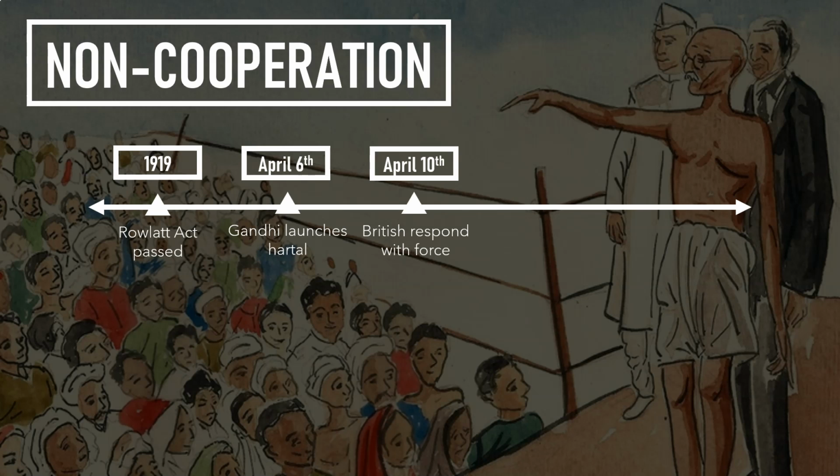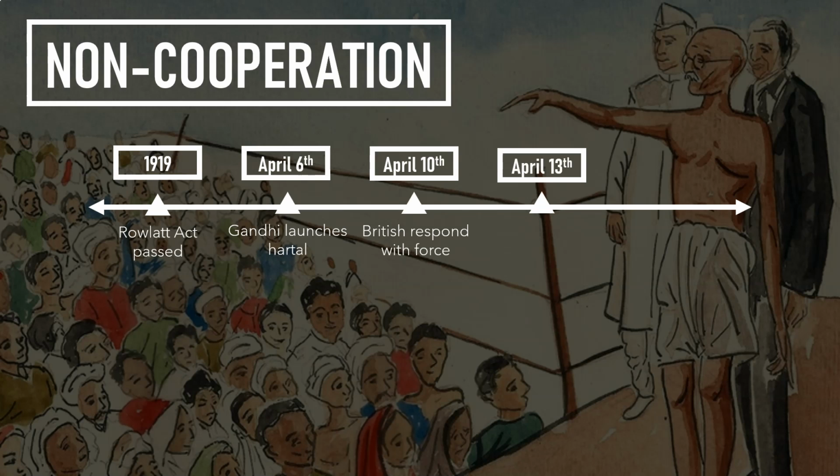And on April 10th, General Dyer, who was a British general, entered the scene and he imposed a martial law. And a martial law requires all citizens to stay inside their houses at all times and avoid movement in and out. It's used to usher up all civil disobedience movements and keep people inside their houses.